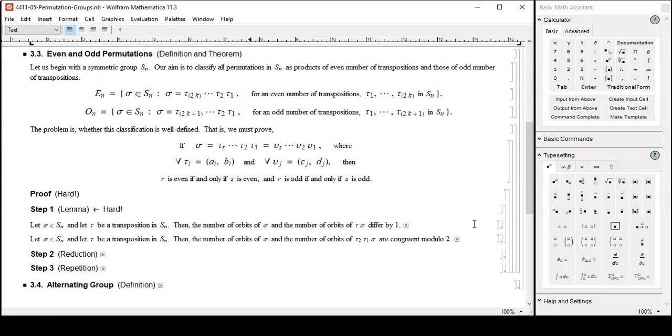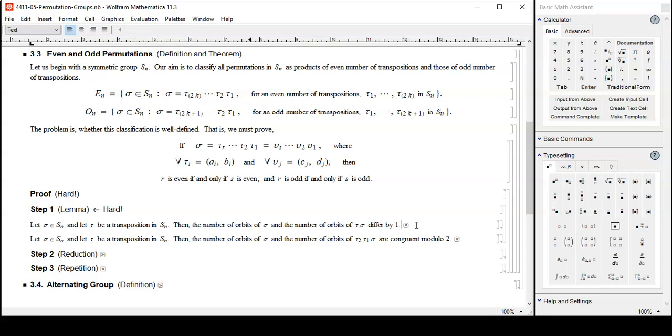Given a permutation, we get an equivalence relation, and then we get an equivalence partition. So the number of orbits is unique. The number of transpositions required may not be unique, but the number of orbits is well defined. And then that of sigma and that of tau sigma differ by 1, either one more or one less.